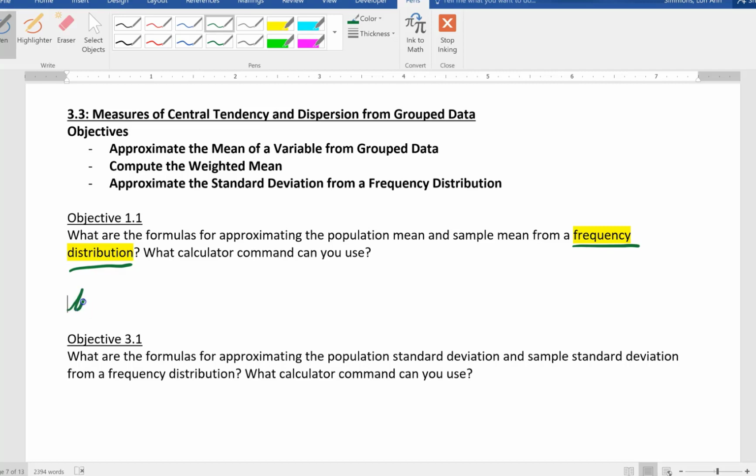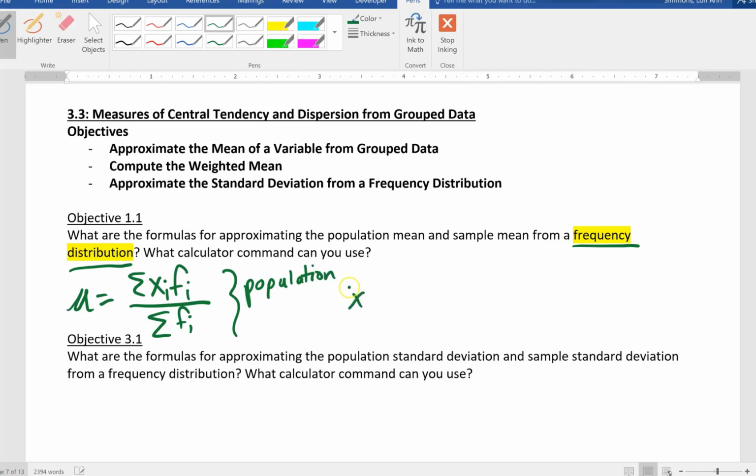For population, mu is going to equal the summation of x sub i times f sub i over the summation of f sub i. This is for population.